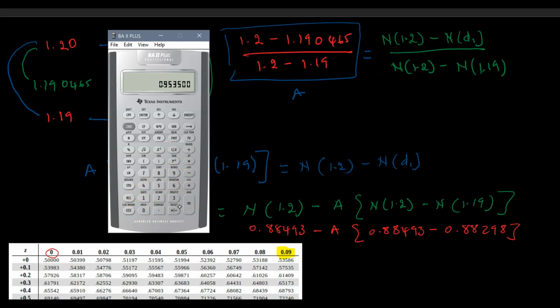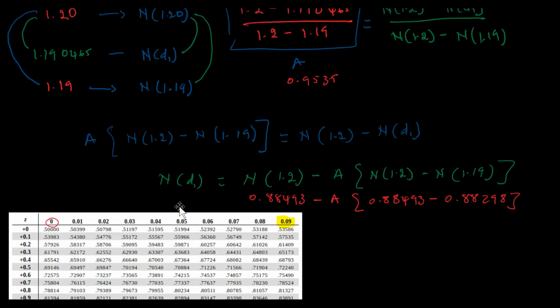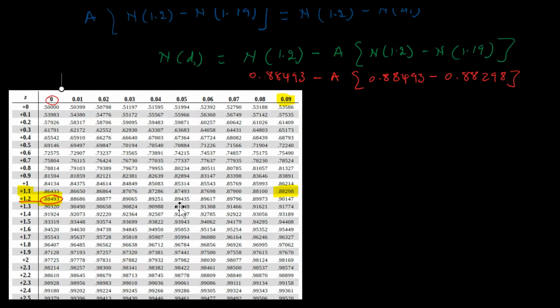So A is going to be 0.9535, and so we're going to sub that in. So this value here is 0.9535, and we can compute our ND1.